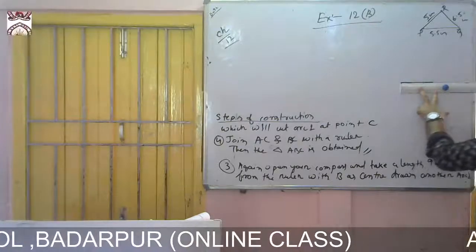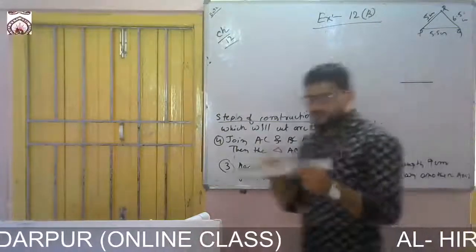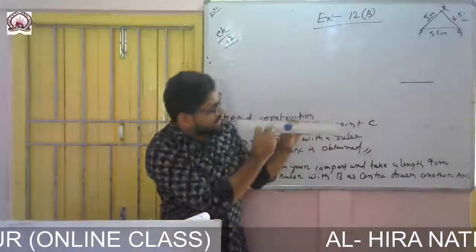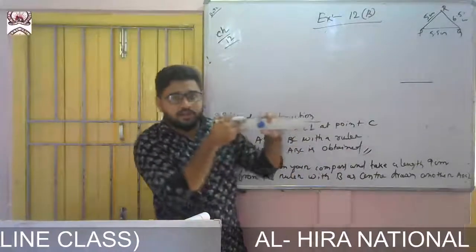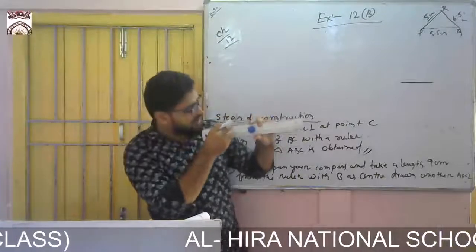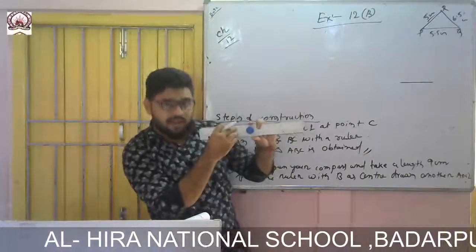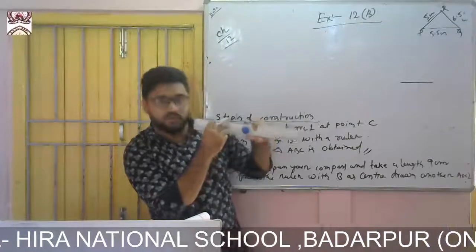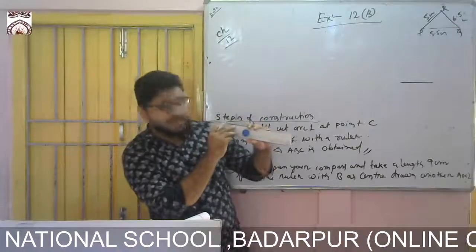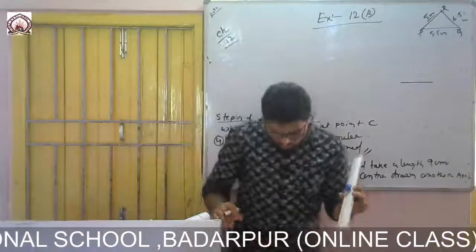In between 5 and 6 you will find one small vertical line which is bigger than these other lines.